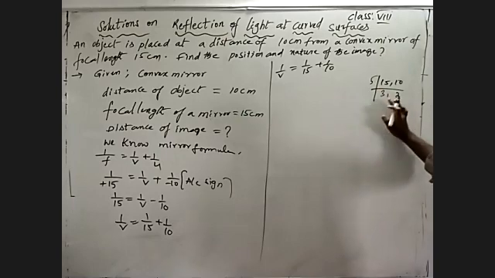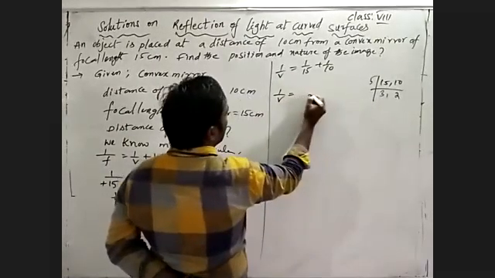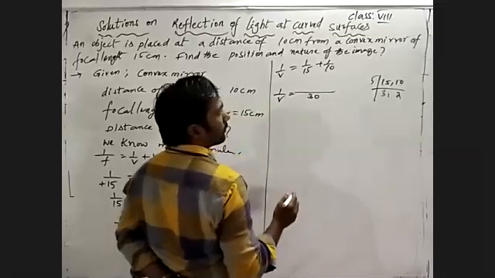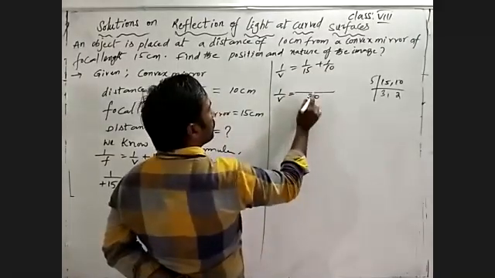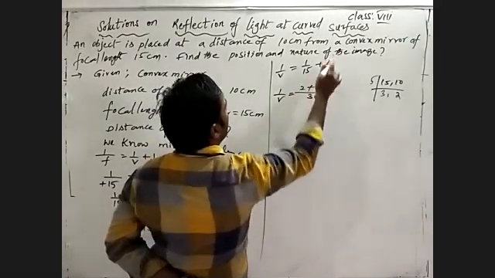So 15 twos are 30. So 30 is the LCM. 15 twos are 30, so 2 ones are 2, plus 10 threes are 30, so 3 ones are 3.